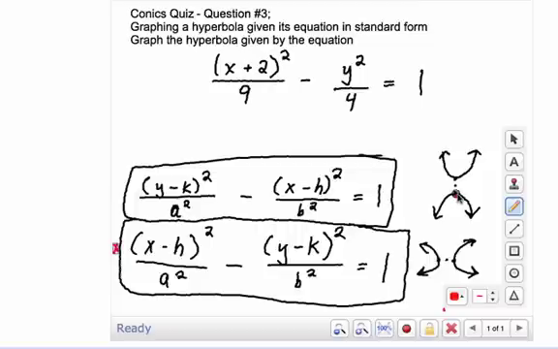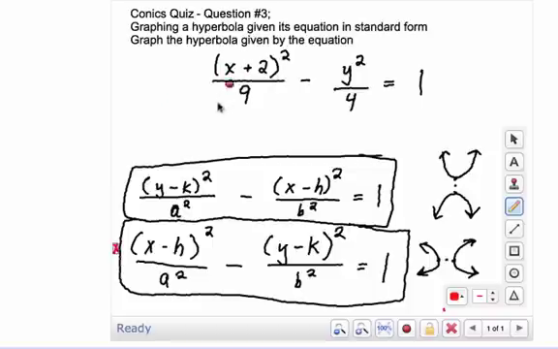So we're basically going to have a center here, and then we're going to use that to find the vertices. It's very similar to an ellipse in a way. Let me show you how you would do this.